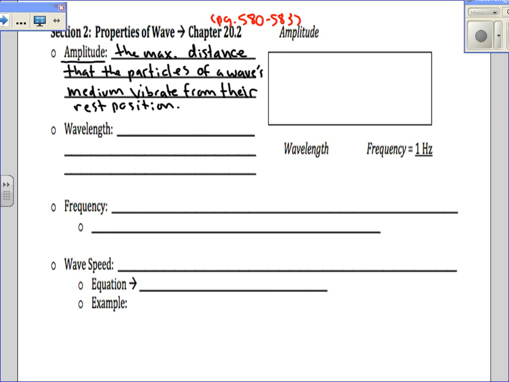Now, what we need to do is draw a wave so we can discuss where amplitude is found. So here's our baseline, and now the wave. In this case, we're talking about a transverse wave. I want to point out that this is the amplitude of the wave.